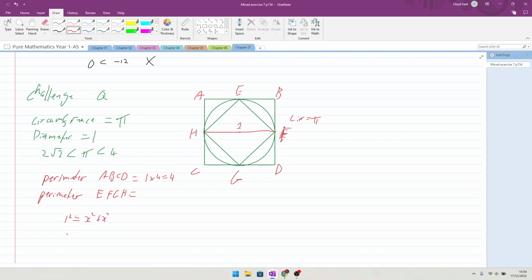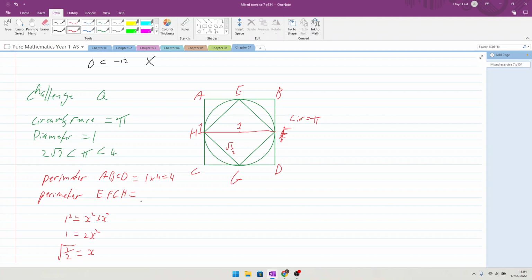So we end up with 1 equals 2x squared. So we end up with a half. Square root of a half is equal to x. So this is the square root of a half.